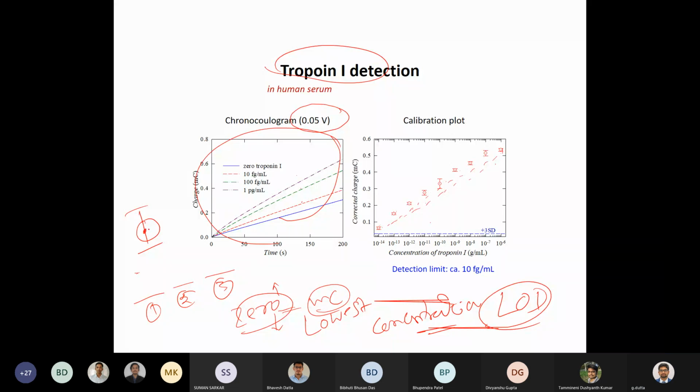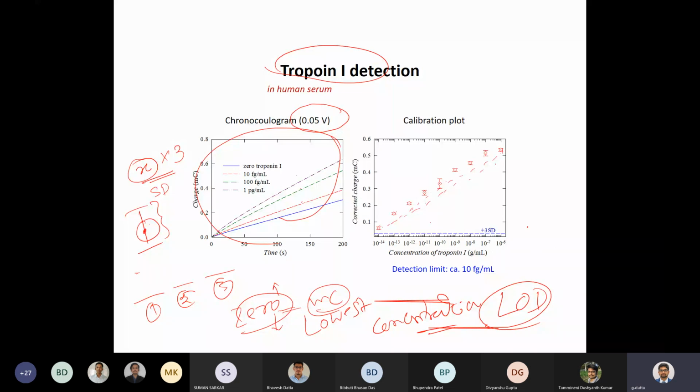Suppose for the zero case the standard deviation is x. Now, to minimize the user error, as I said last time, we will multiply the zero standard deviation by 3.